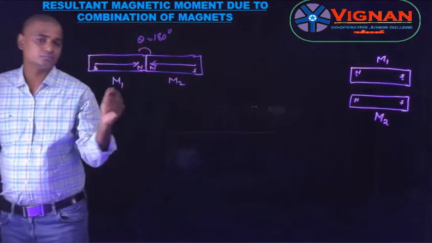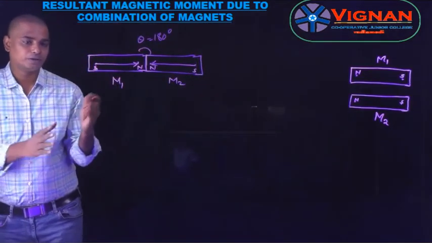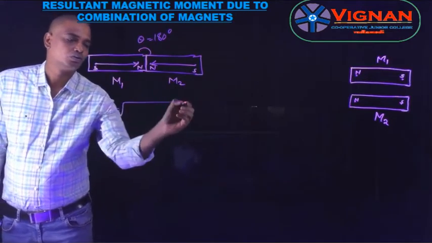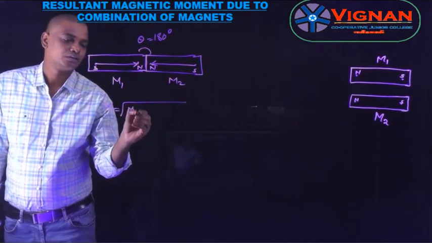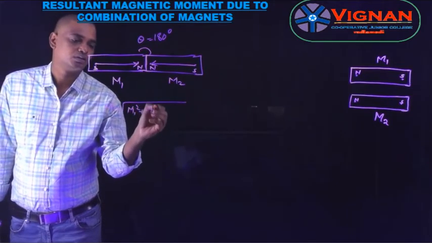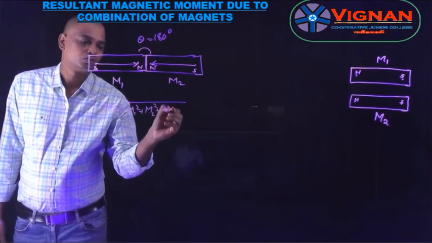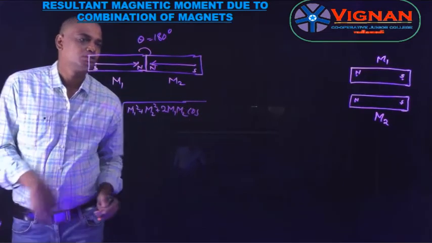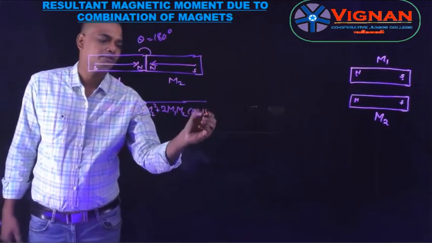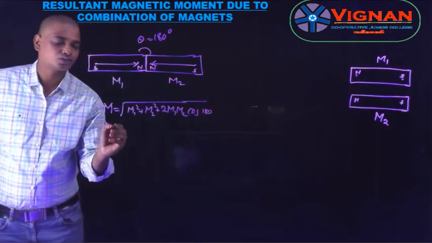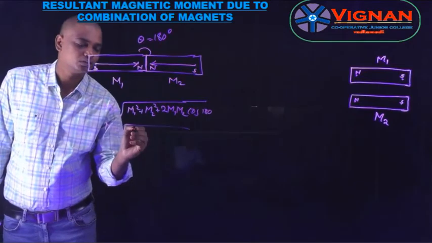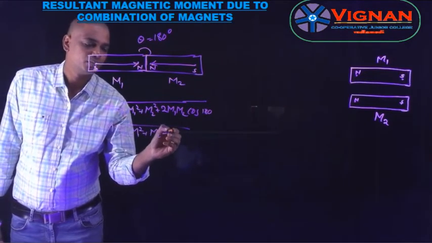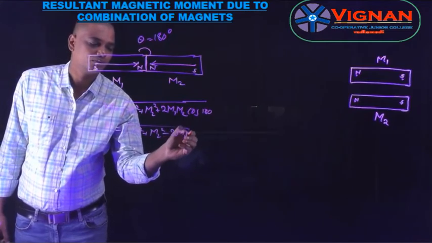So by substituting the value in the previous formula, the resultant magnetic moment M is equal to root over m1 square plus m2 square plus 2m1 m2 cos theta. Instead of theta, that is 180. We know that the value of cos 180 is minus 1. So that is equal to root over m1 square plus m2 square minus 2m1 m2.